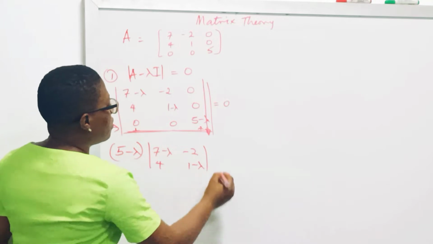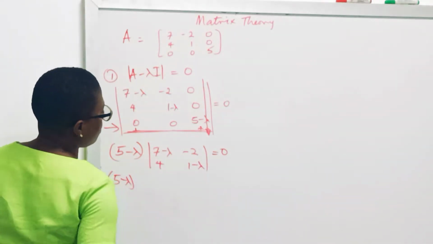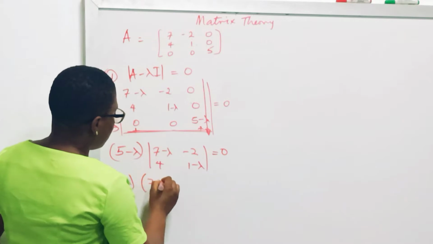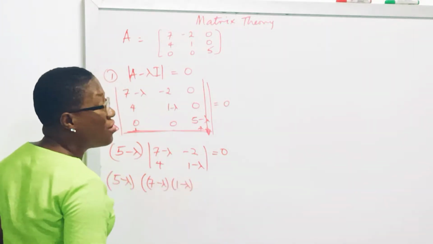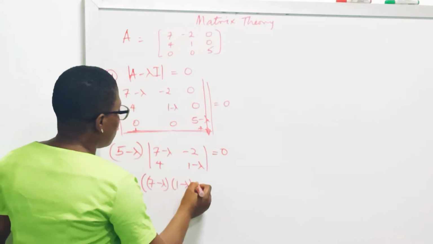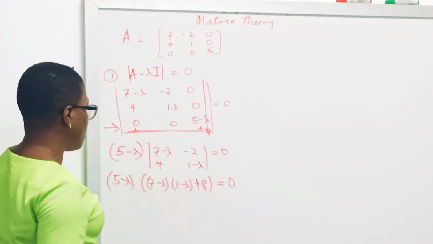This is equal to 0. So this is 5 minus lambda times (7 minus lambda)(1 minus lambda), minus 8, plus 8, is equal to 0.